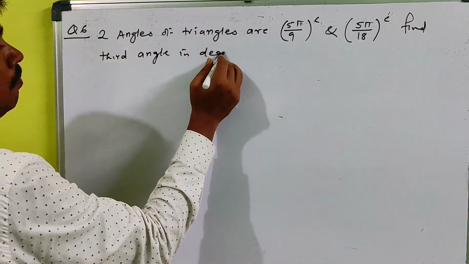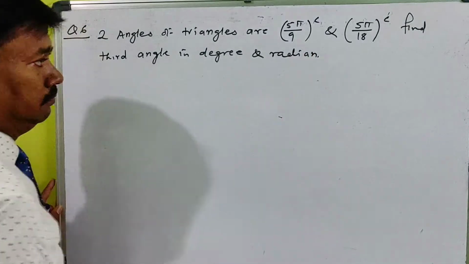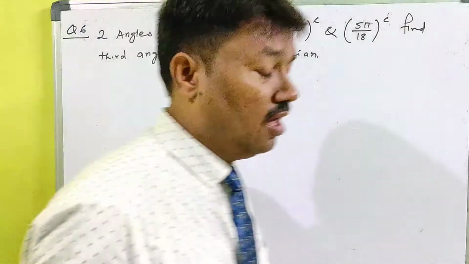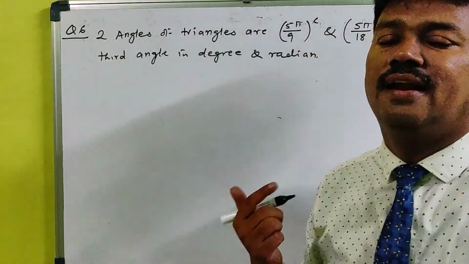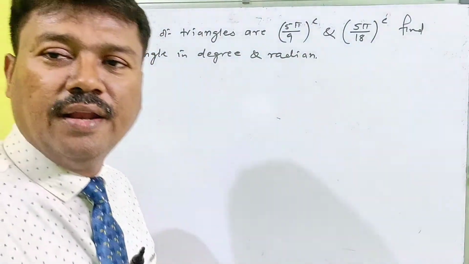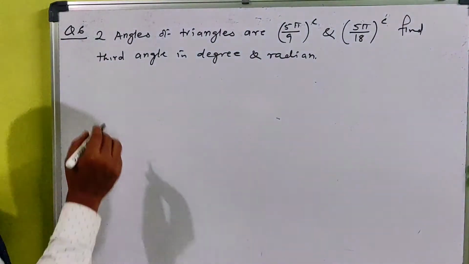So again the same, the two angles are given, so you have to find the third. First of all, you convert these two angles into degree and use the same property. The sum of interior angles of a triangle is 180. So using that property, we consider the solution.